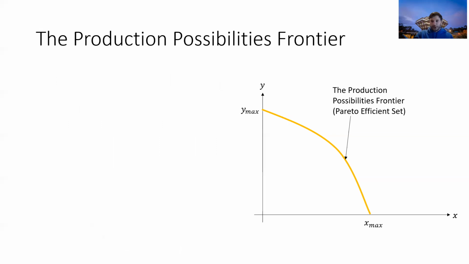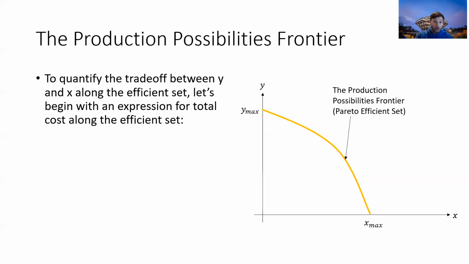Now, what we're going to do here is totally differentiate the expression for the total cost of production. I'm going to do this in a way where we try to isolate the slope of the PPF. The slope of the PPF is dy dx.